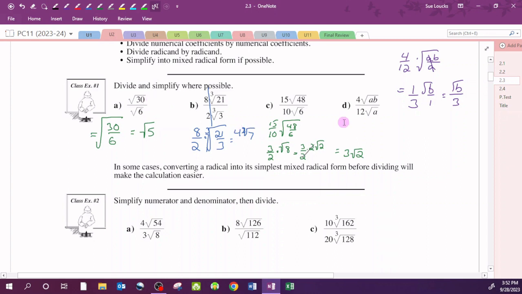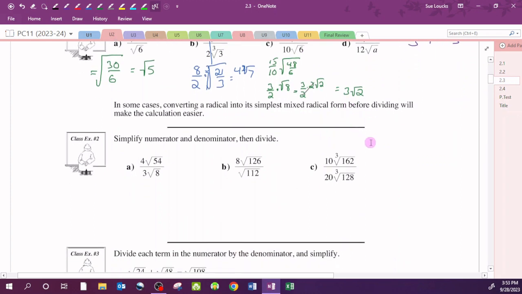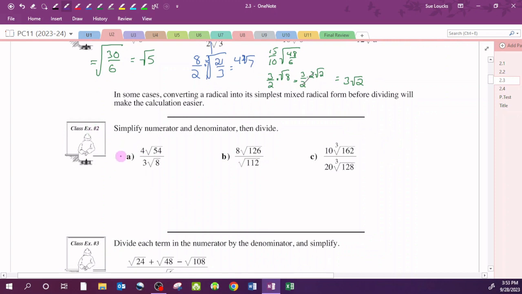The 3 goes into 21. 6 goes into 48. So that all made sense to do it this way. 54 here, 54 in example 2a. 54 divided by 8 is not a thing. Is it? Yeah, 54 doesn't divide equally into 8.